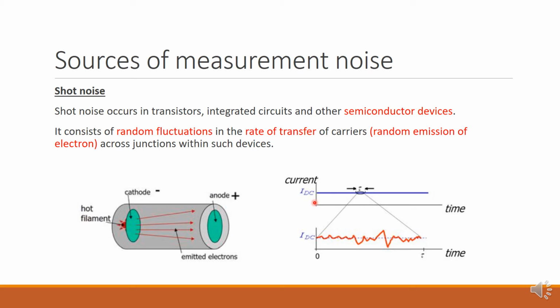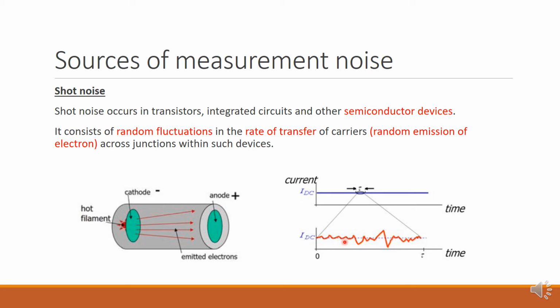Although in a transistor, it may be giving you a DC current of 0.3 ampere, if you zoom in, it actually fluctuates.